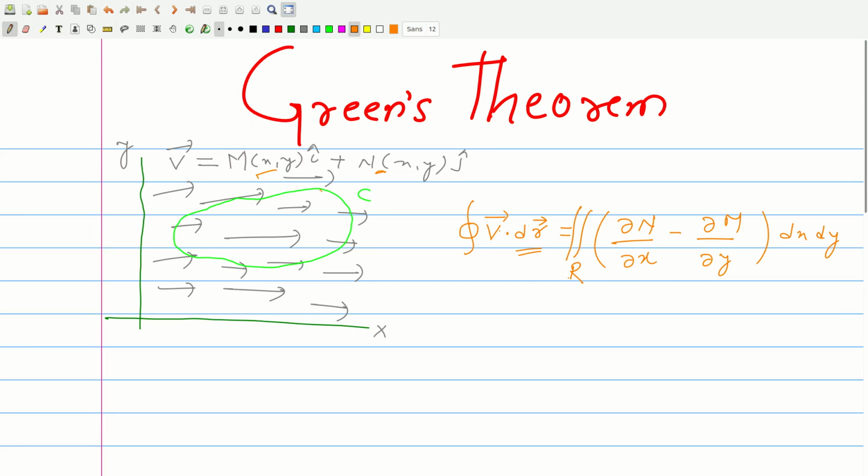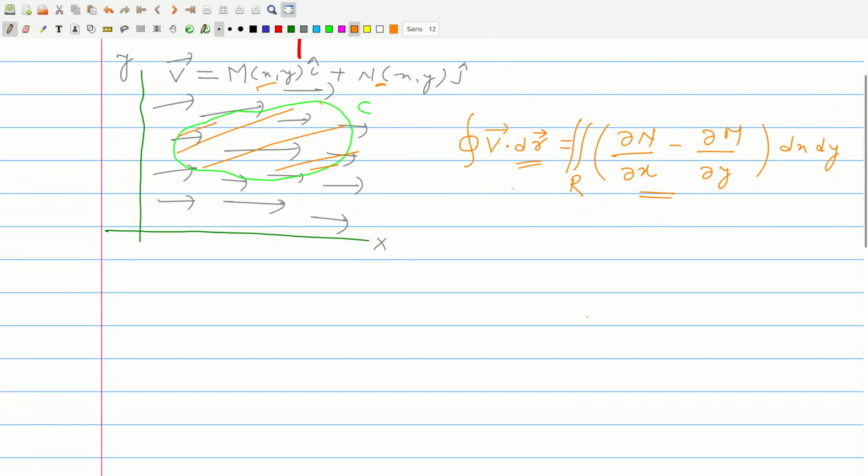You have to calculate the area integral of this integrand. This region R corresponds to the region bounded by the closed curve C. So how do you prove LHS equals RHS? So let's start.